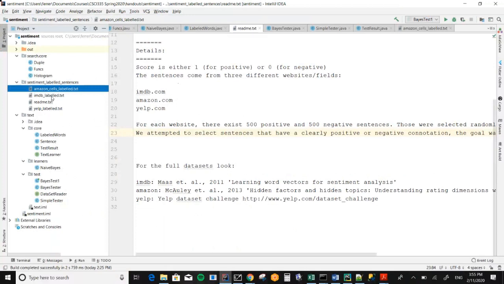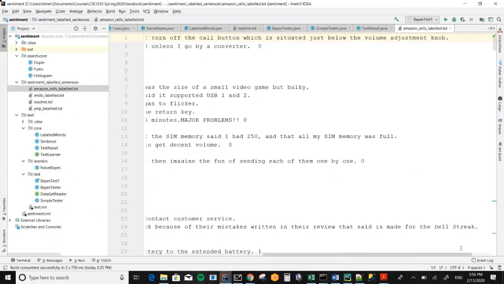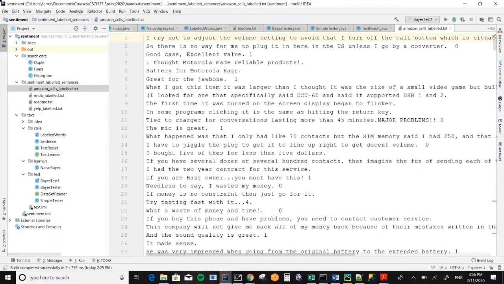So what do these things actually look like? Well, let's glance at the Amazon set. "So I try not to adjust the volume setting. To avoid that, I turn off the call button, which scrolls off the screen, which is situated just below the volume adjustment knob. So there is no way for me to plug it in here in the US unless I go buy a converter." 0. That's a negative sentence. "Good case, excellent value."